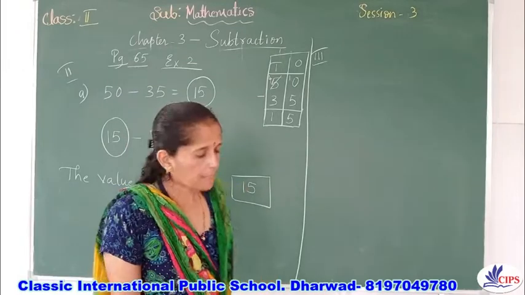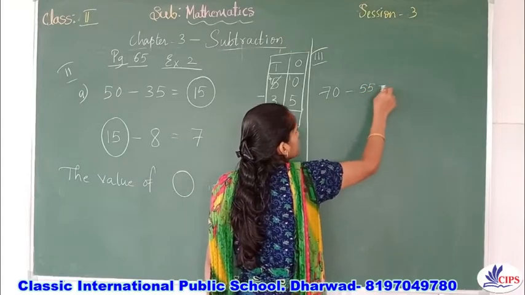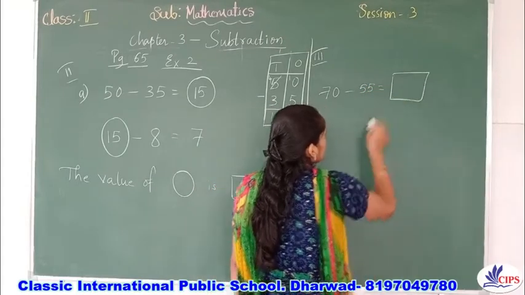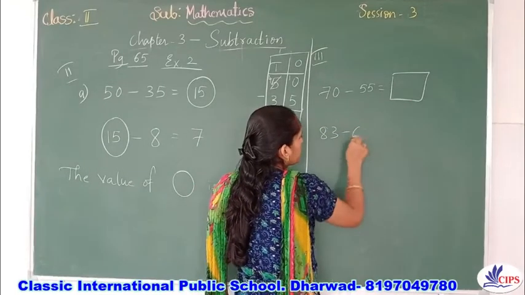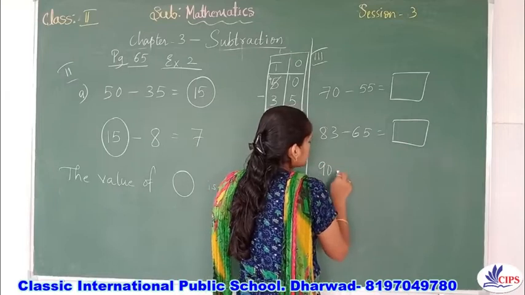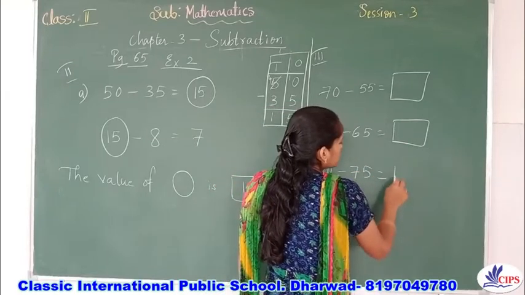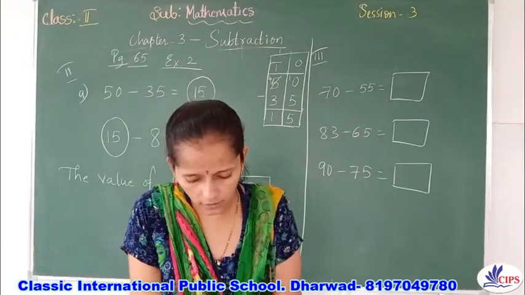See, one is 70 minus 55, it is like this, and one more 83 minus 65 and 90 minus 75. So children, for all 3 examples there is of course a space over here in your textbook.